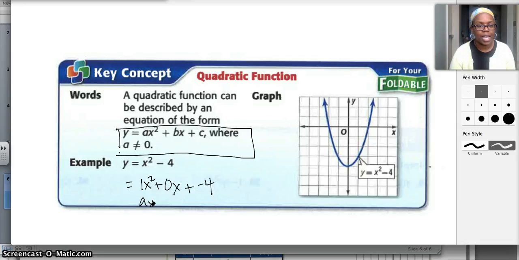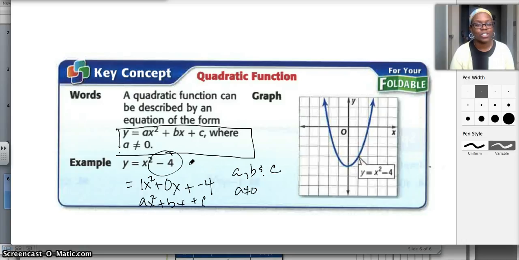So that's in the ax squared plus bx plus c form. Notice that a, b, and c are all integers where a does not equal 0. Even though b equals 0, we still create a quadratic equation or a parabola.